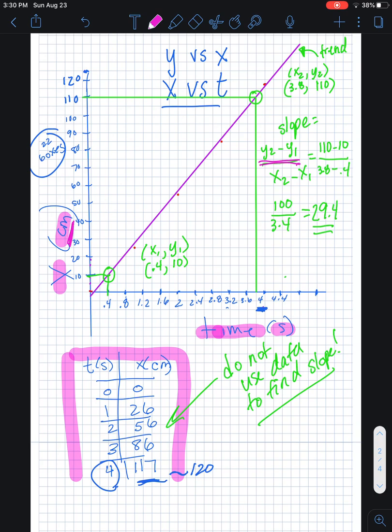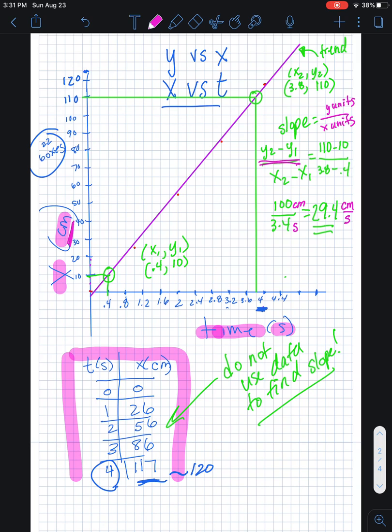So this was 100 centimeters that was traveled, and the x value had units. It was 3.4 seconds that went by. So when you're finding your slope, it's going to be your y units divided by your x units. So that's why it's going to be centimeters per second as the unit for my slope.